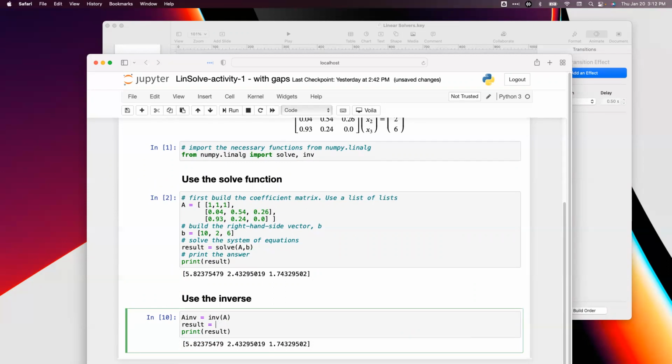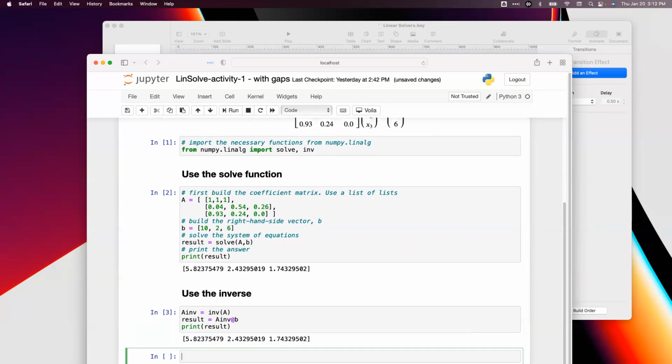So that's a matrix vector multiplication. The way I like to do this is I type A inverse at B. I want to run this. Python does its magic, figures out the sizing and how it's going to do that product, and it does it correctly.